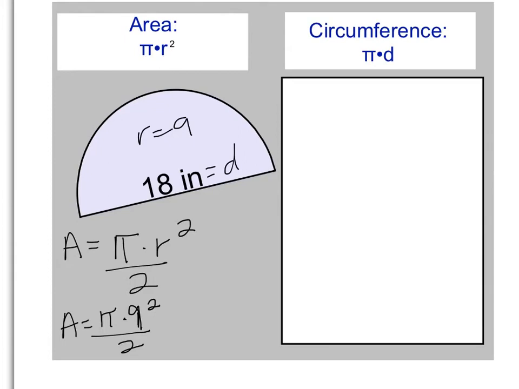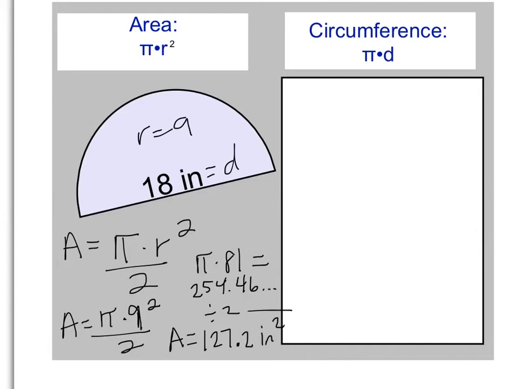And if you're on your calculator, first do pi times 81, push enter, leave that really long decimal in your calculator and then say divide by 2. So we get an area of 127.2. Now's where I would round to the nearest tenth. Okay, so that's just how we find area, using our same formula, but dividing by 2.